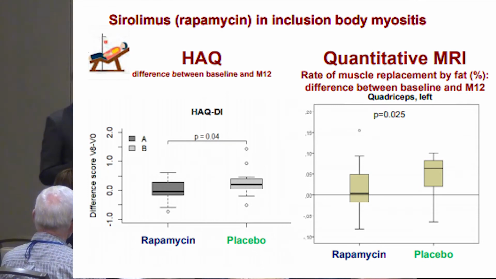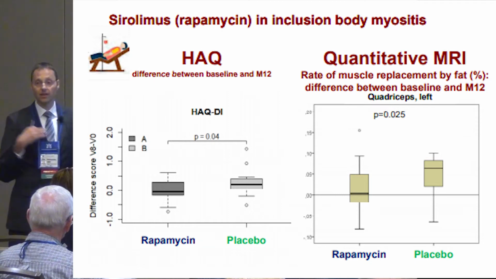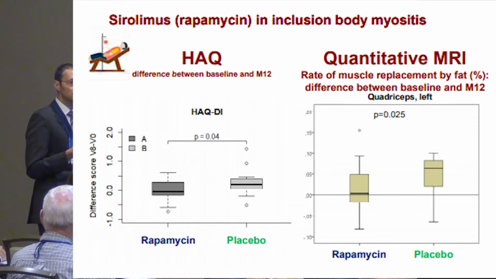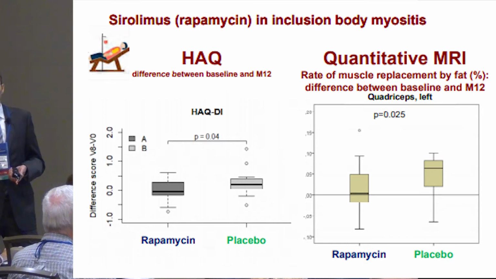So we think that these data are very promising, and I think we need a bigger trial, which is difficult because the company that produces rapamycin is reluctant to fund a bigger trial. So I think it is very important to convince the public that we really need to mount a large phase 3 trial.